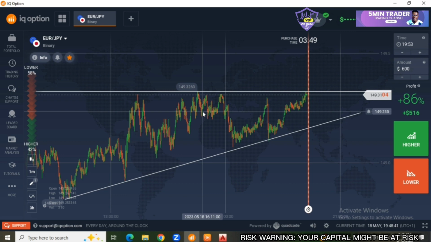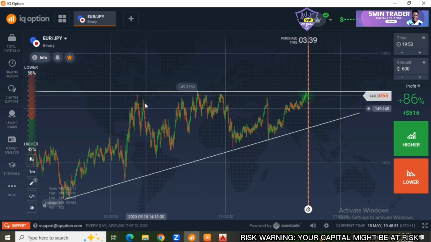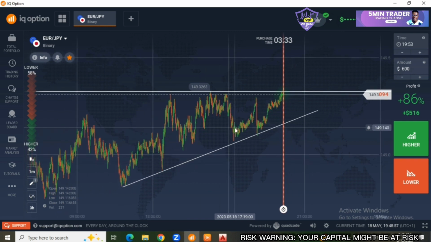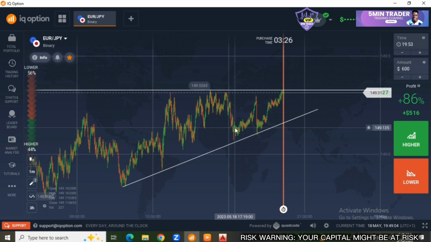Those extreme levels are very strong levels that can easily reverse any market. You can see that the market has been reversed multiple times from these levels. This is 1, this is 2, 3 times, and this one was almost close, 4 times in the past. So extreme levels are very strong levels in the market that can potentially reverse the market.